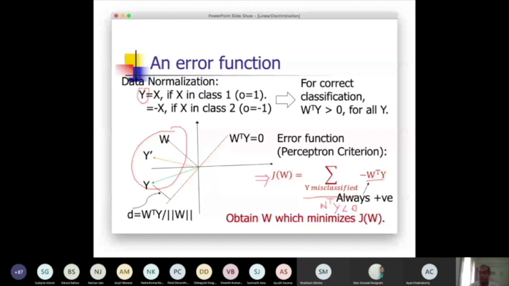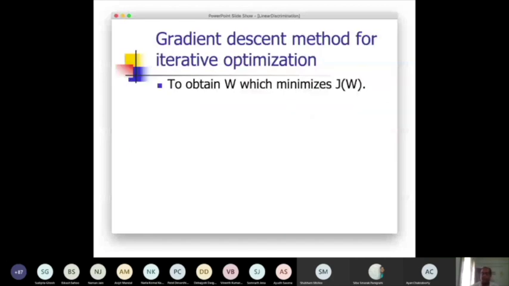One very popular optimization technique for this kind of minimization is that you can iteratively move towards the direction of a local minimum.